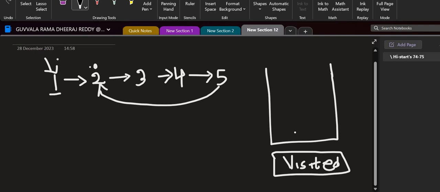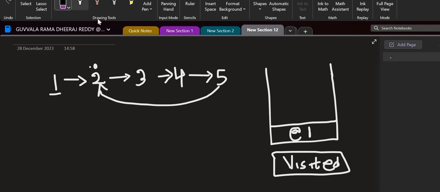Initially my pointer is here, and I'm inserting the address of one. Again, my pointer will move to 2. Is it visited? Still it is not visited, so if it is not visited, then insert.